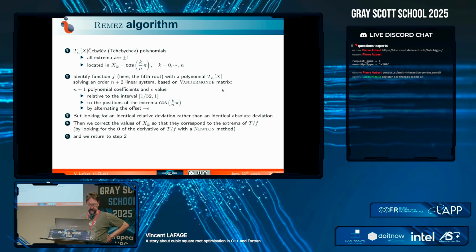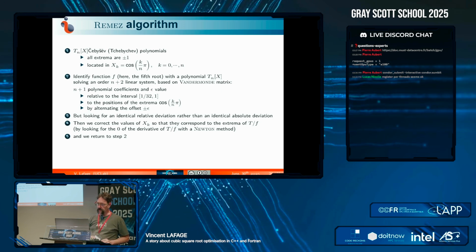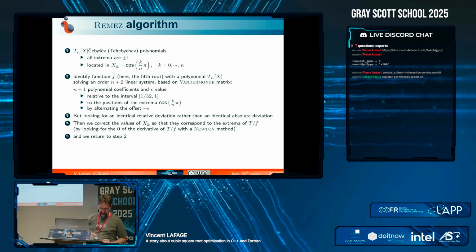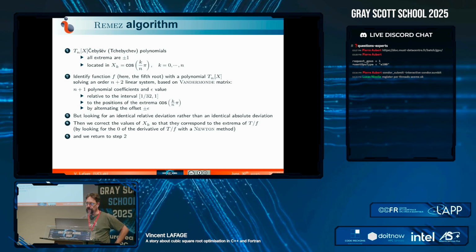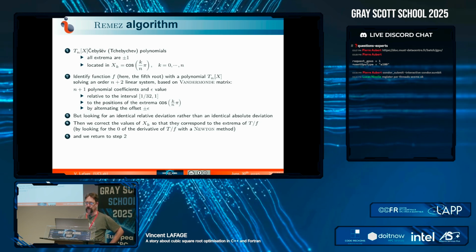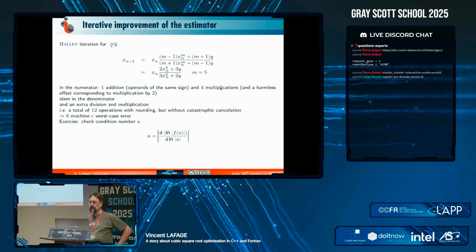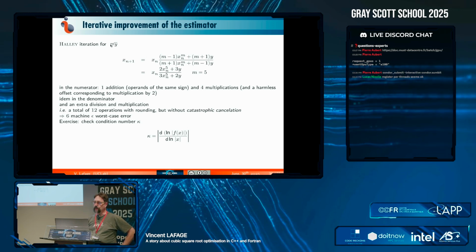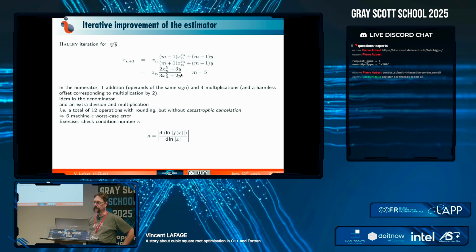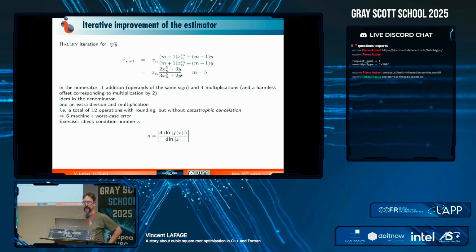I don't enter into the detail of the Remez algorithm, but when you want to evaluate a new function, it will be helpful. And then the iteration, when instead of m equals 3, you have the general m, in this case m equals 5, you have a sensible way to express things.